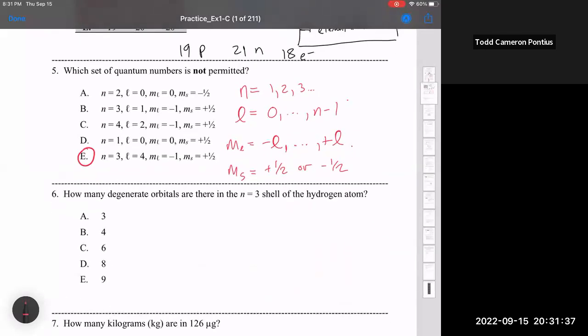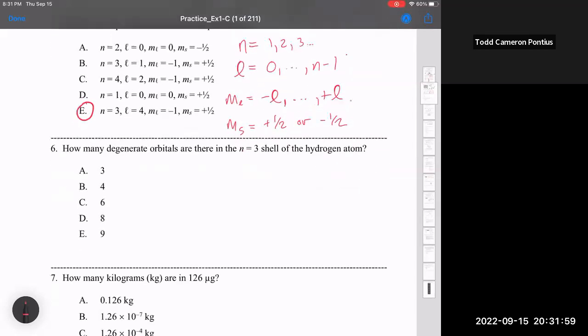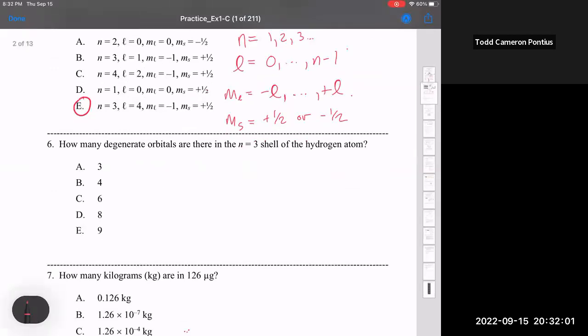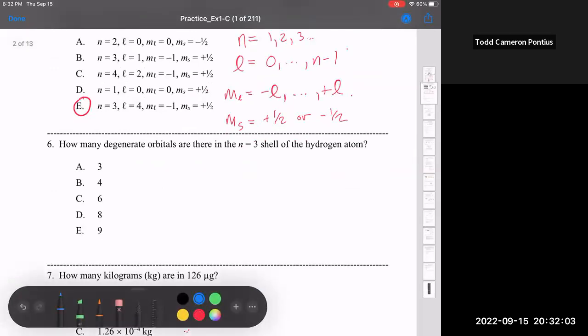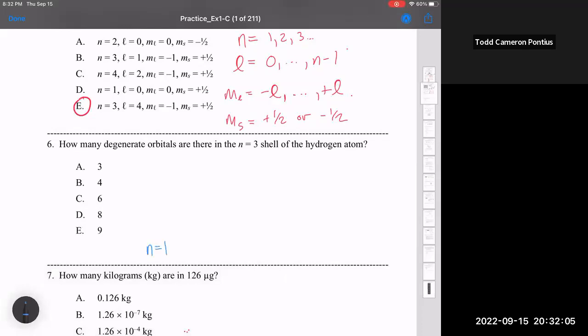All right. How many degenerate orbitals are there in the n equals 3 shell of the hydrogen atom? Now, it's important to note that hydrogen is different from every other element. Hydrogen is very simple. There are no shielding electrons to change the energy levels of the subshells. What this means is, if n equals 1, there's only one subshell.